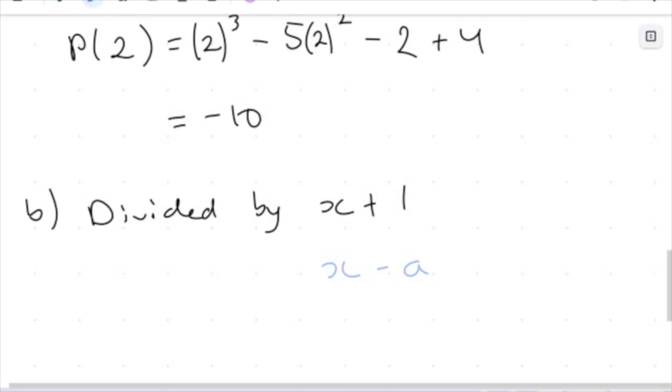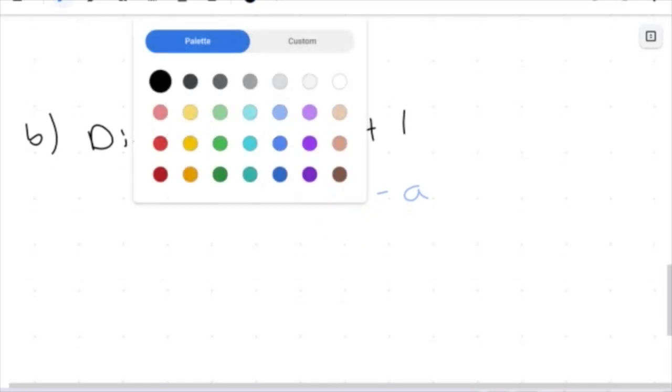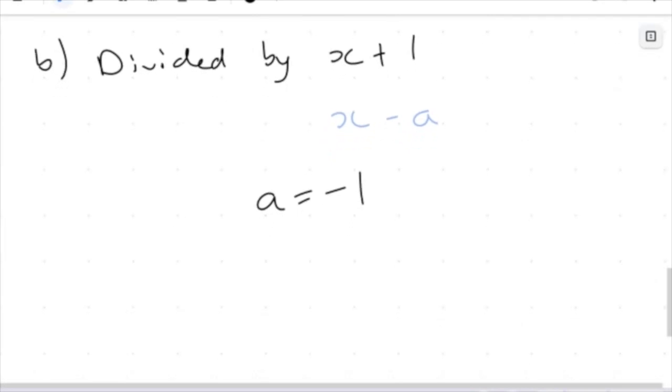So to get plus 1, a must be negative 1, because x minus negative 1 is going to give me x plus 1. So in this case, our a equals negative 1.